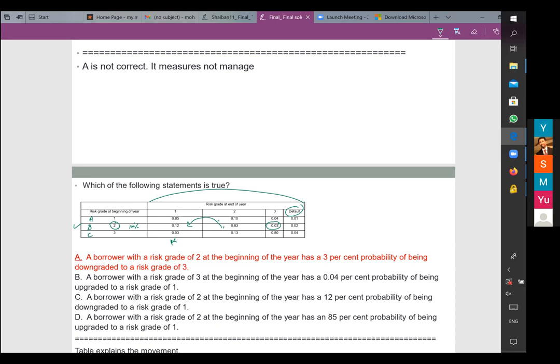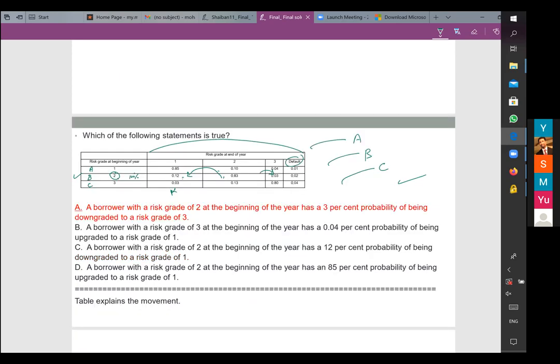This is the behavior of a whole class: the whole class of A, the whole class of B, and the whole class of C. If I want to invest in class B, they will behave like the other bonds, which means there is a probability that they will drop to 3%. Of course, there is a probability that they will go with 12% to go to A. This is how we test this mortality.